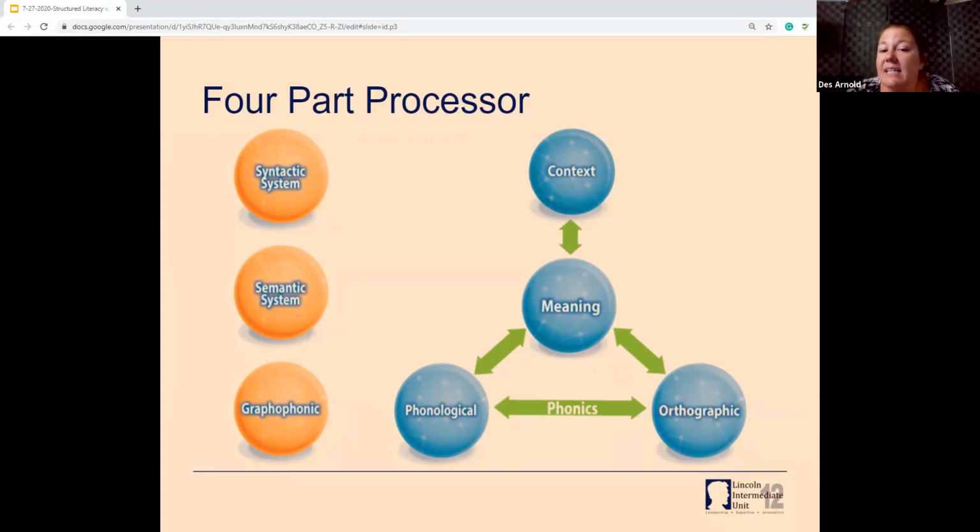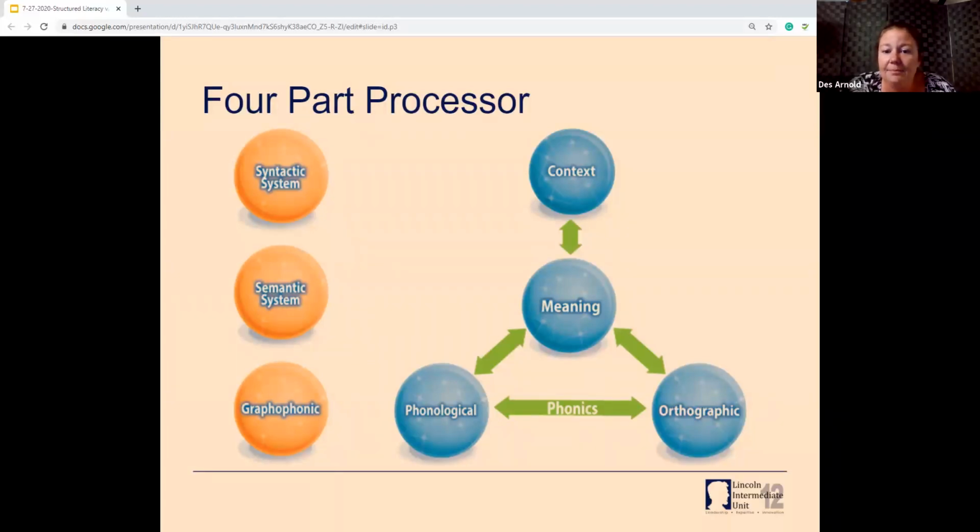In the 3 cueing system, students are initially encouraged to use context to sort of guess at what words are when reading. It's a top-down approach that often fails, especially once the text becomes more complex in upper elementary. Like I said earlier, it's not really a sustainable strategy. Students are left with no direction on how to decode an unfamiliar word.